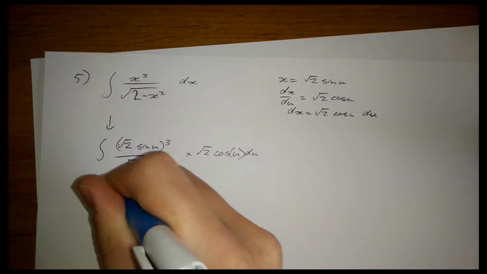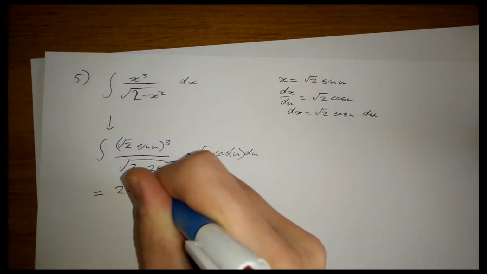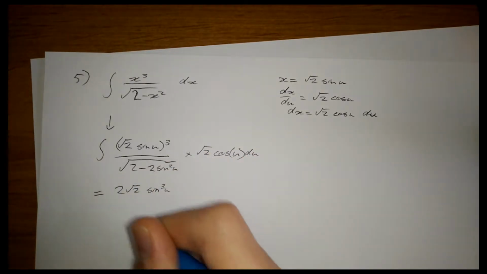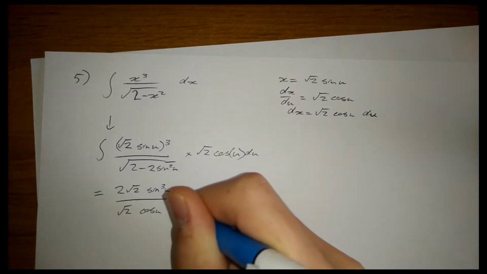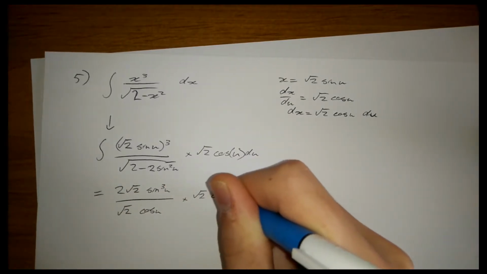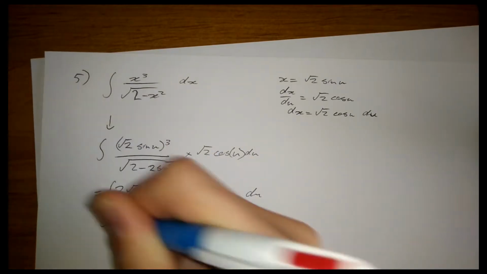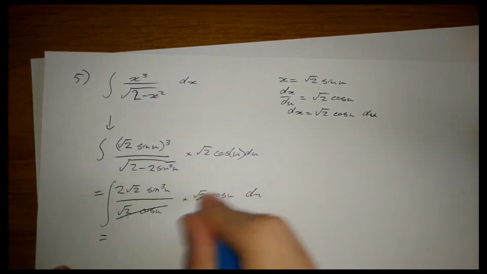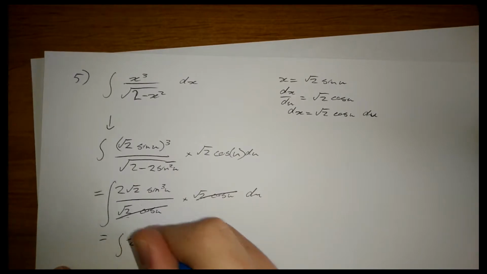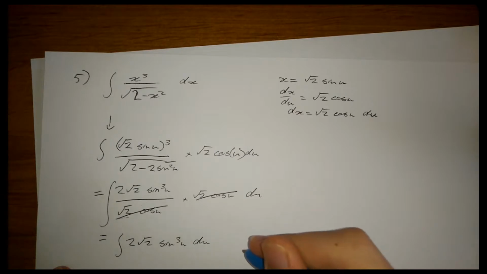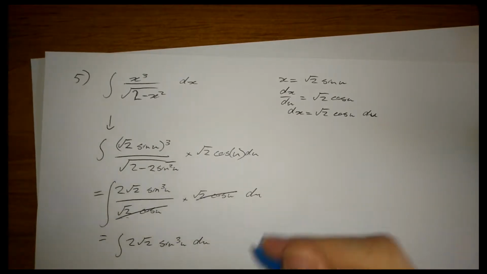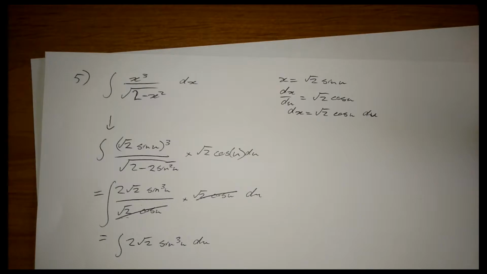So that would go to 2 root 2 sine cubed u on root 2 cos u times root 2 cos u. So those would cancel out. So we just have the integral of 2 root 2 sine cubed u du, and we substitute in like before. We substitute in 1 minus cos squared u in place for sine squared u.